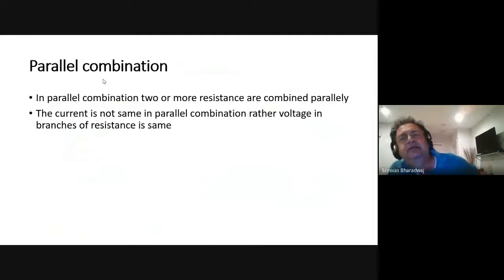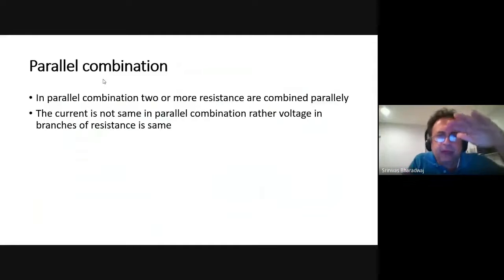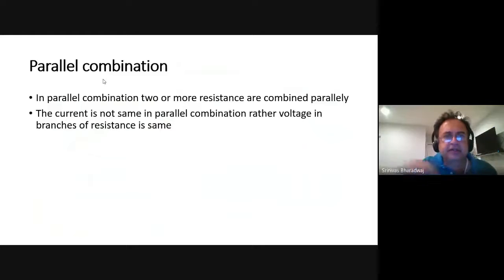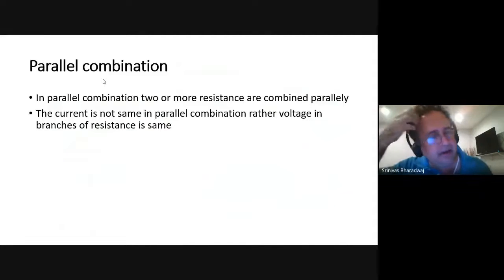Now, when the resistances are in parallel, what happens? There is one resistance, then there is another resistance in parallel, right? So the voltage across both resistances is the same. So V divided by REQ equals V divided by R1 plus V divided by R2 plus V divided by R3.